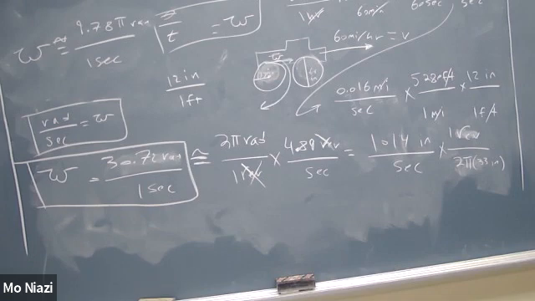You guys accurately asserted that 2 pi radians is in 1 revolution. So how many revolutions are there in 10 pi radians? 1 revolution, 2 pi, 2 revolutions, 4 pi, 3 revolutions. Yes, 5. It's approximately 5 rotations per second.